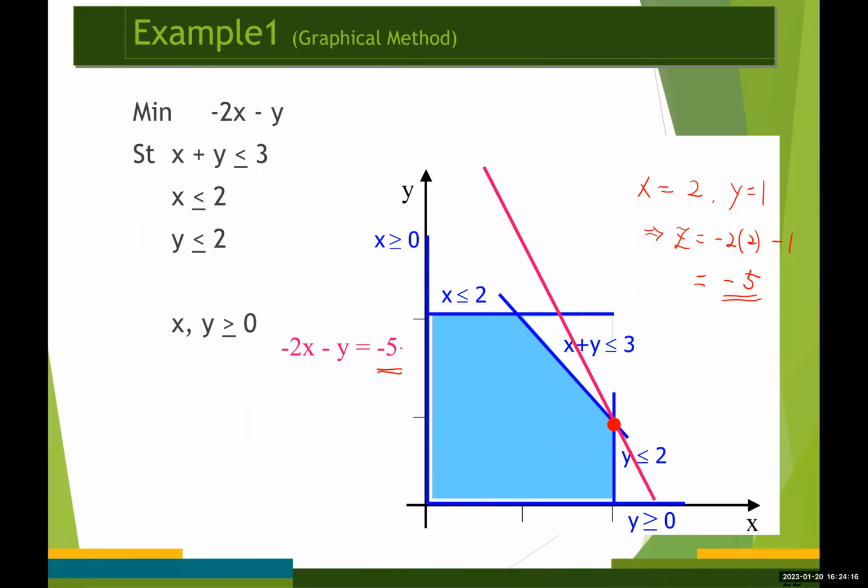So at this optimal point, which constraint is binding and which constraint is non-binding? So this optimal point, we have two binding constraints, right? There's two binding constraints. And this constraint is non-binding constraint. Is that right?